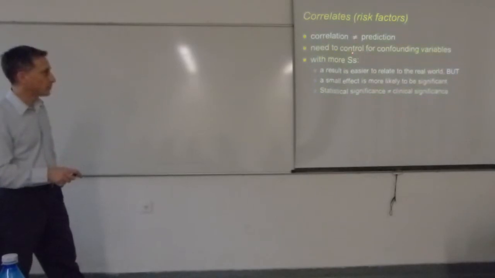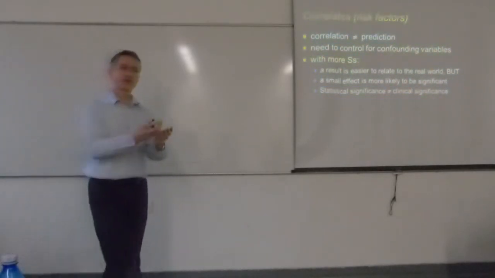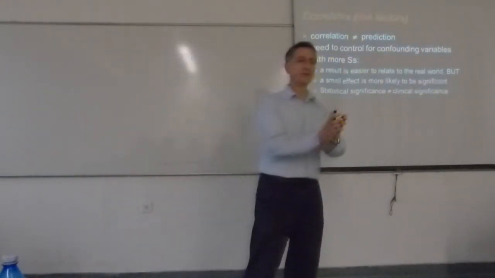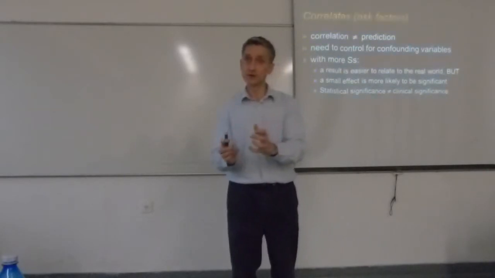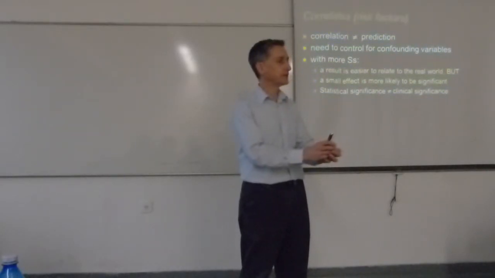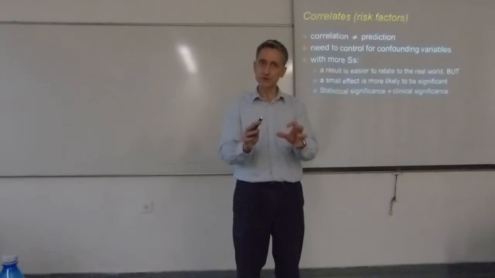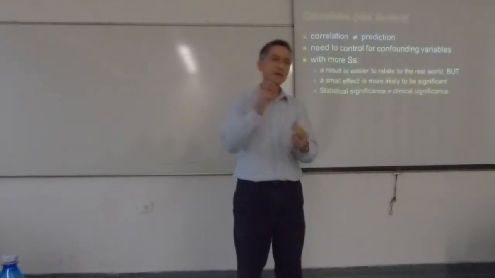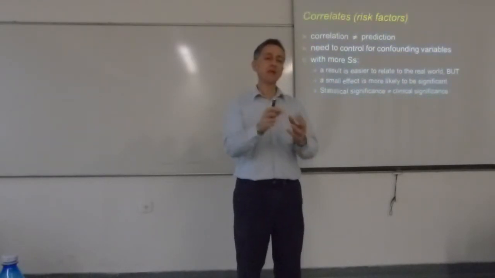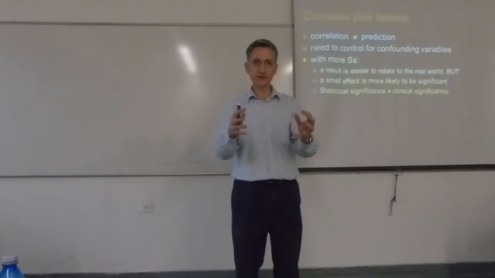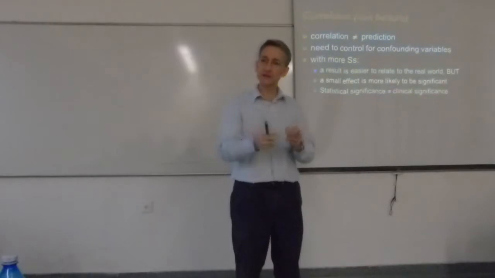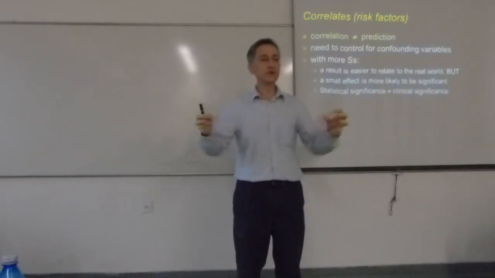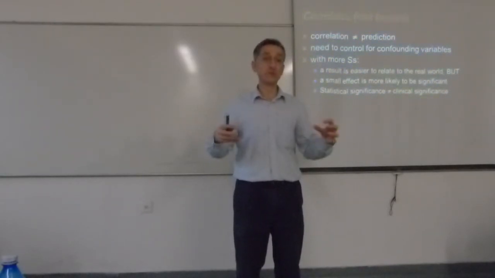And as you have more subjects in the study, you might look at a research paper and think, this research paper has 1,000 participants. This is really good. Much better than a research study with 100. And by and large, that's true. The exception is if you want to prove as a scientist that something that is a very small effect is significant, then often you exaggerate the number of participants.